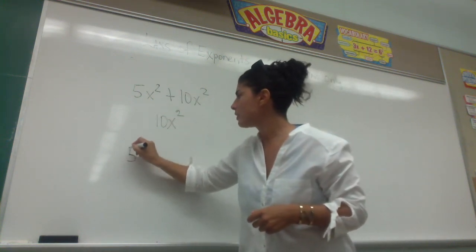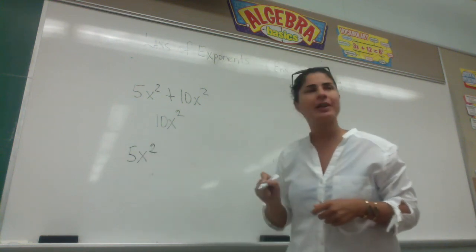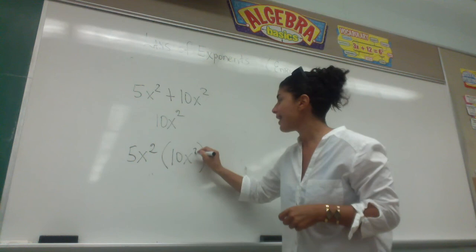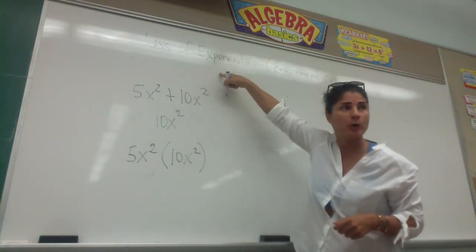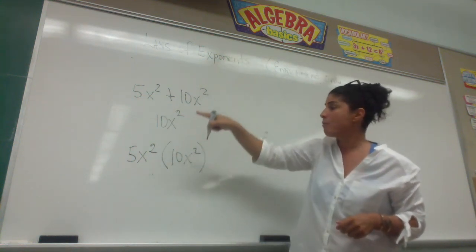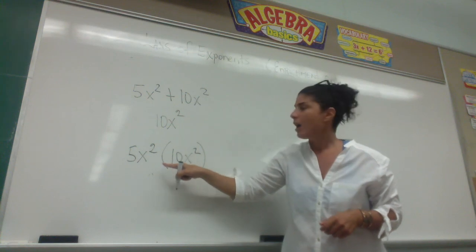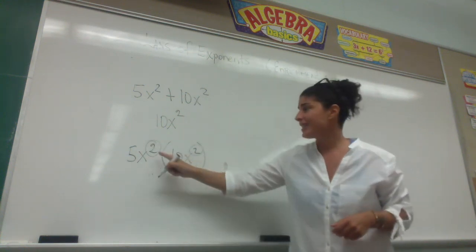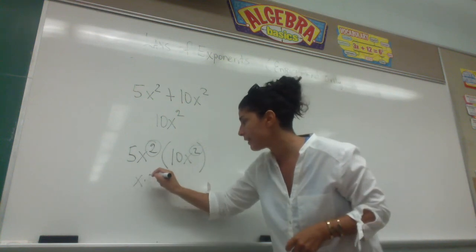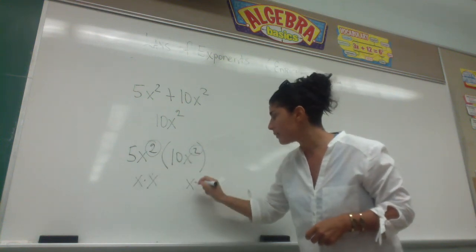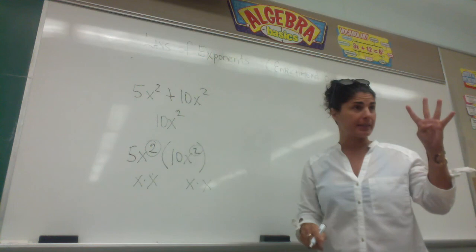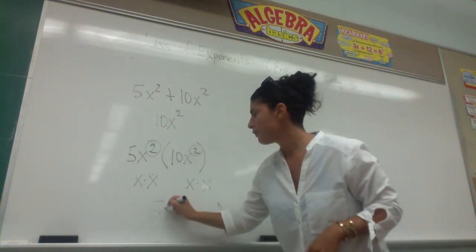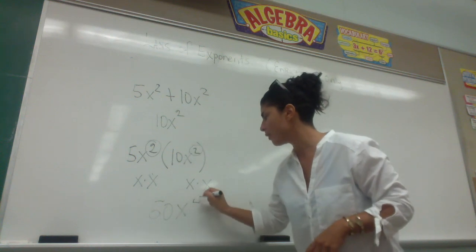Had that been a multiplication, so let's say I had 5x squared times 10x squared. Now we're doing the laws of exponent, which says when I multiply, I can add my exponents. Because this actually means x times x, and this means x times x, so we have 4 x's. So I'm doing 5 times 10 is 50. 50x to the power of 4.